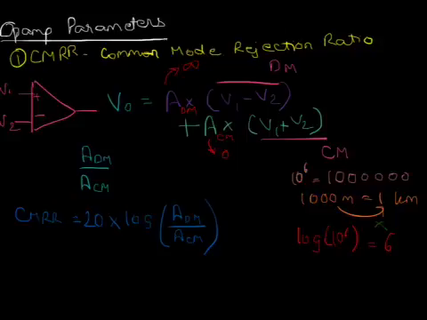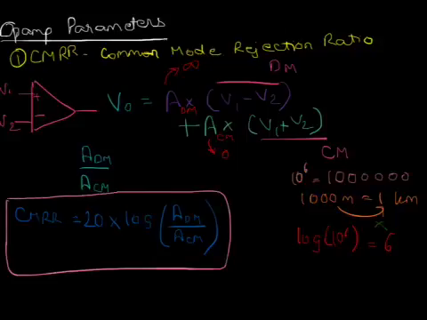So what we can infer from this formula is that as differential mode gain keeps increasing and as common mode gain keeps decreasing, your CMRR will keep increasing. So the ideal CMRR is equal to infinity. So the higher the CMRR of your op-amp, the better the op-amp is.